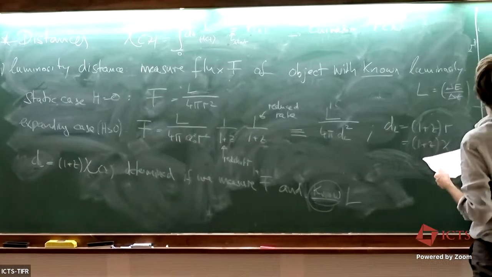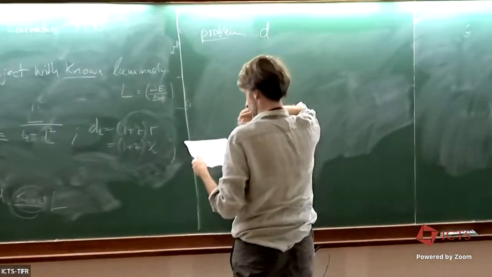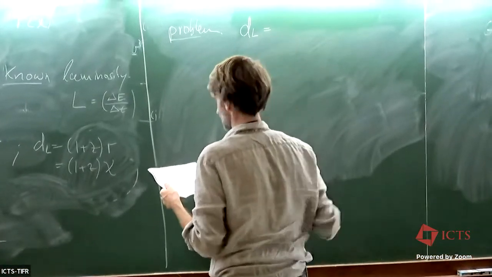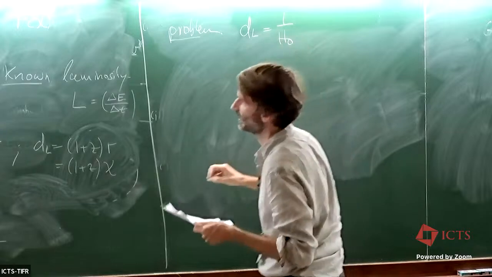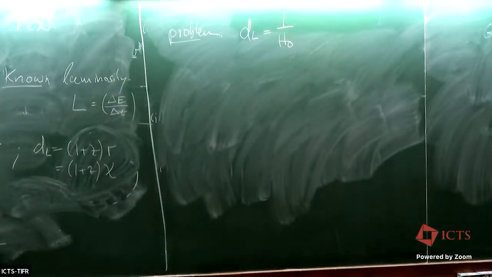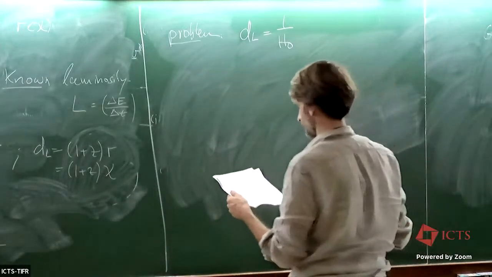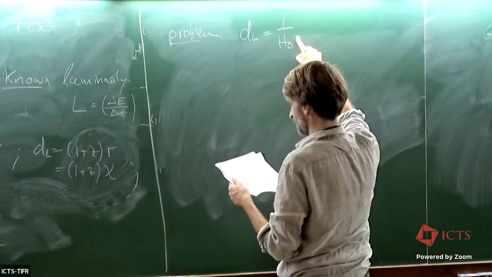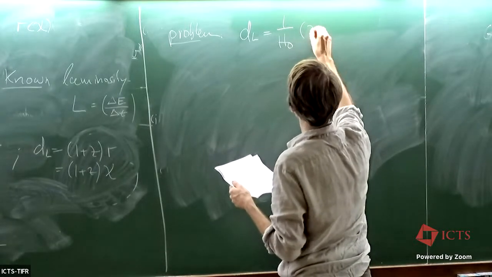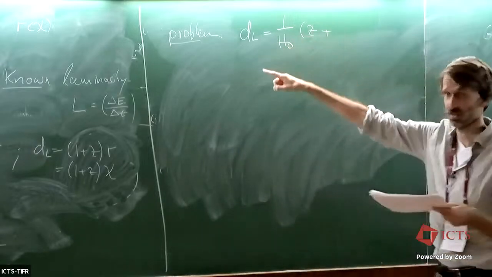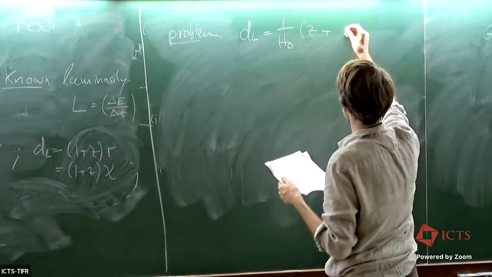So first of all, in the problems, you are going to derive this formula, how the luminosity distance depends on the Hubble parameter. For that, you simply take that expression and you Taylor expand it, assuming that we are at small redshift. So a source at sufficiently small redshift is going to satisfy that relation. The first term is just the luminosity distance relation we have seen yesterday, but it's now generalized.